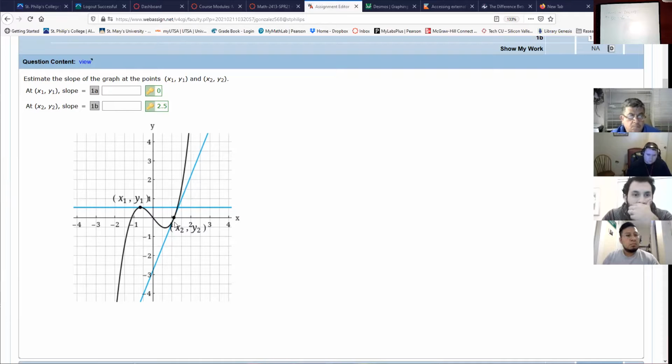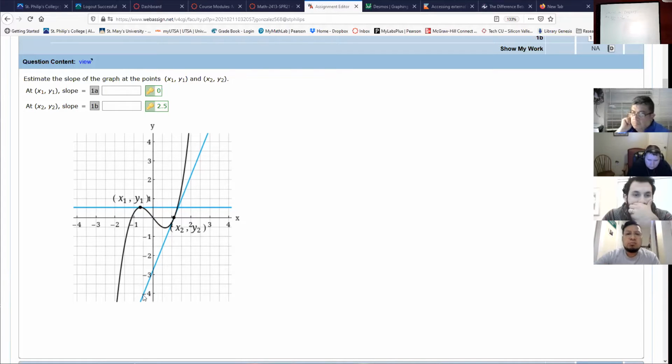Like what I was trying to get at, couldn't we go x equals -1 and x equals 2.5? Because they're close to intersections along the grid, that would give us a more accurate estimation. Yeah, just for an example. It looks like at x = -1 the y value is -0.5.